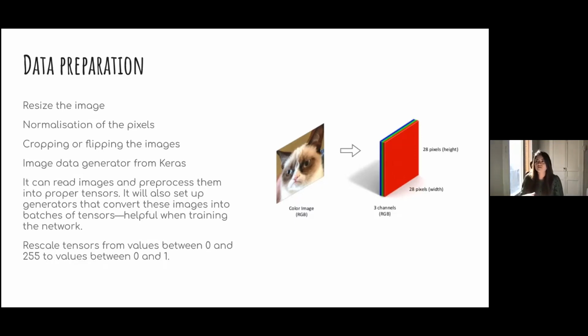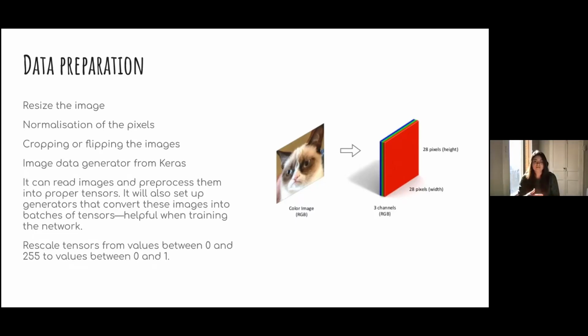So you have to crop, flip the image. Because we were saying before that we use Keras, there is an image data generator that can do it for you, and it has a lot of tools and interesting parameters that you can tune. So it can pre-process these images and create tensors. So remember, we were using TensorFlow because TensorFlow is based on tensors.